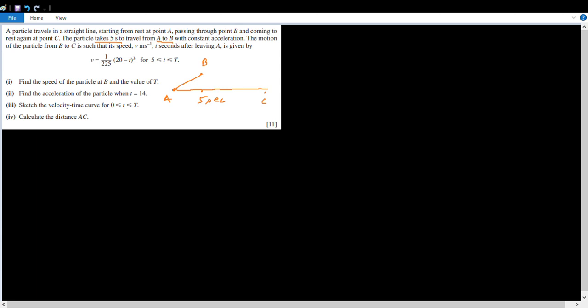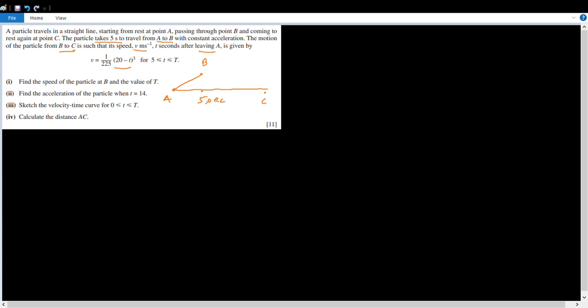So the motion of the particle from B to C is such that the speed v meter per second, t seconds after leaving A, is given by v is equal to 1 over 225 times (20 minus t) cubed.